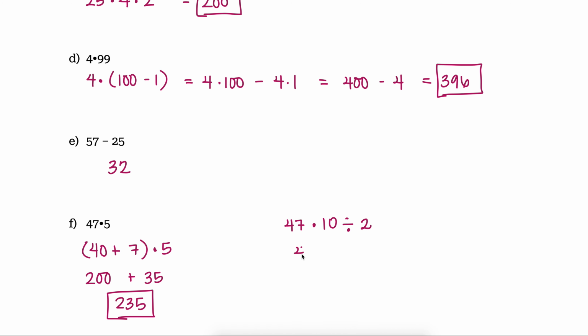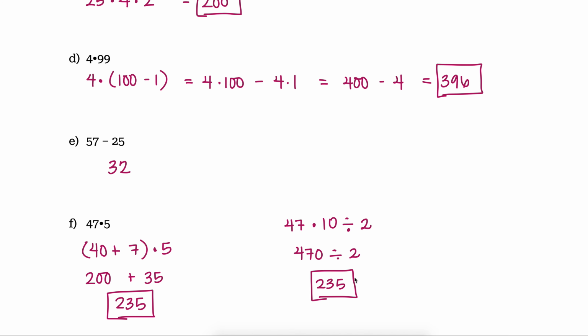So that gives you 470 divided by 2. And that's another way to reach the 235. So you can have multiple strategies to get to the exact same answer. They're both perfectly valid, perfectly reasonable. If one of them seems easier to you than the other, go with that option.